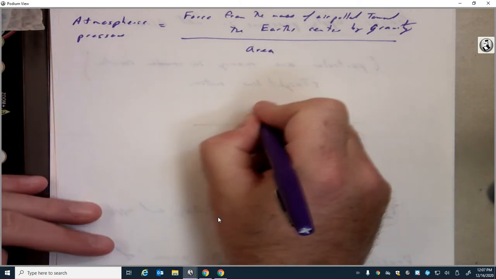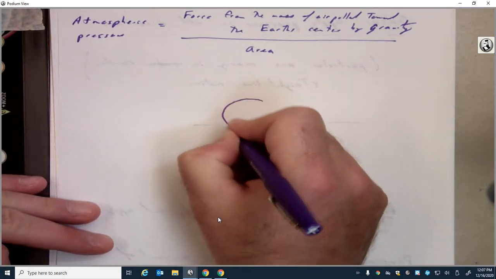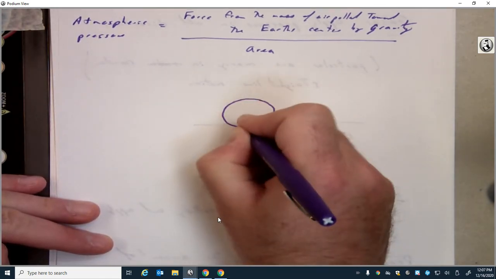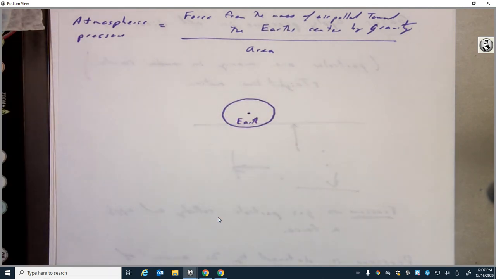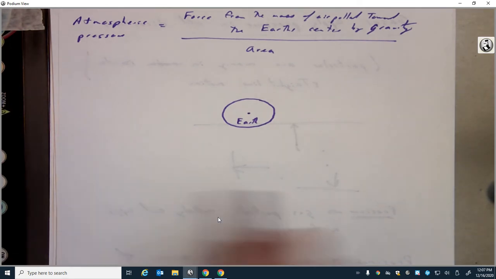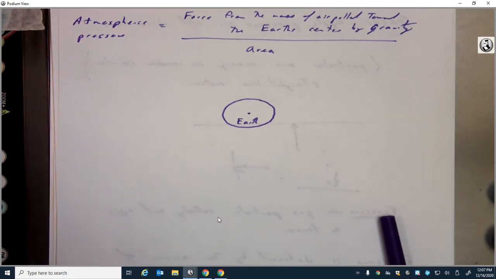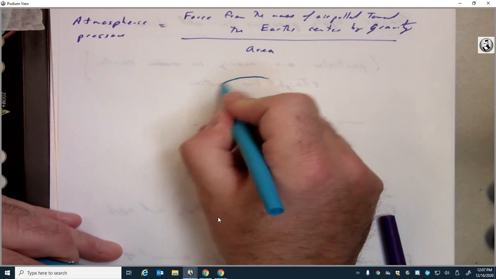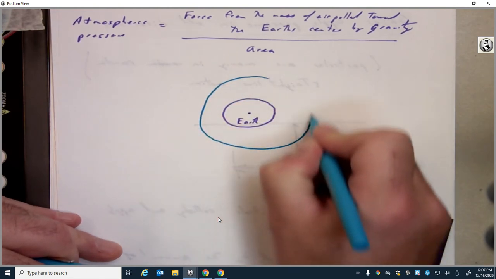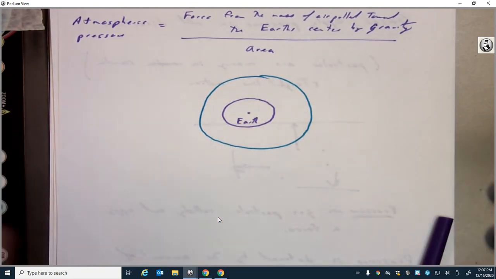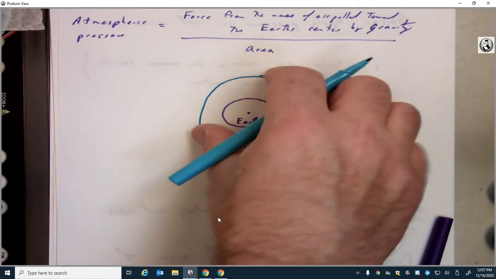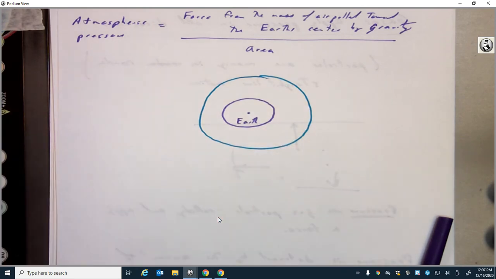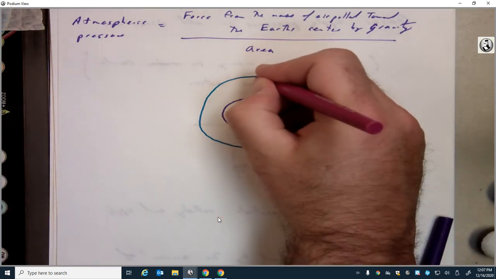So let's say we have the Earth. Here it is. This is my Earth. There's the center of the Earth. Now remember, around that Earth, we have our atmosphere. Here's our atmosphere, and that was a pretty poor circle. Now, gravity is pulling our atmosphere down.